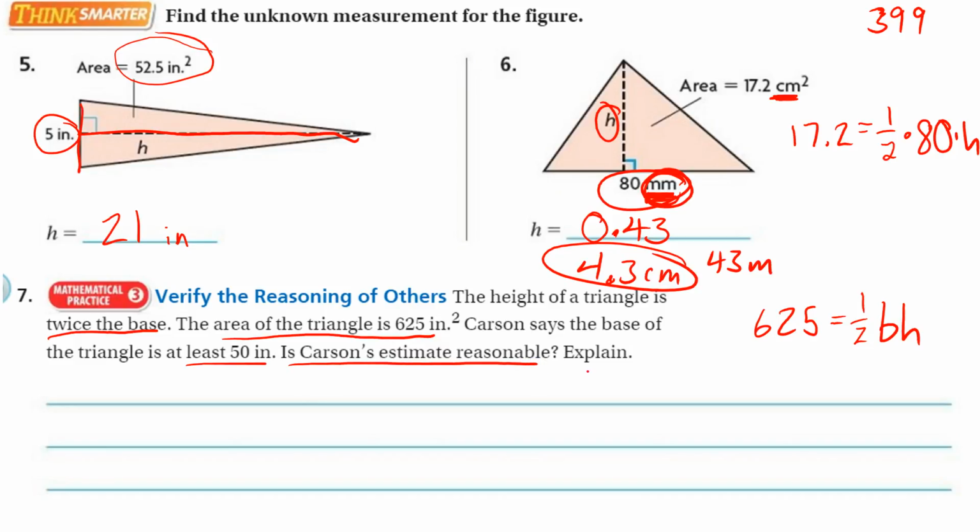Is Carson's estimate reasonable? Explain. Well, if the base is 50, we'd have 625 equals 1/2 times 50 times h. The height is twice the base, so the height would have to be 100 here.